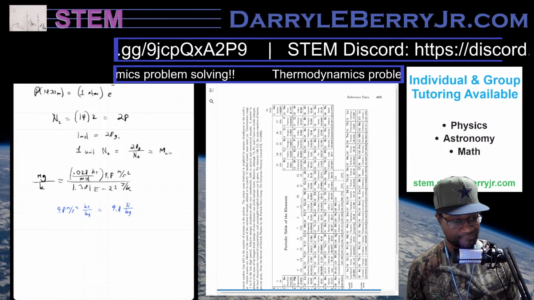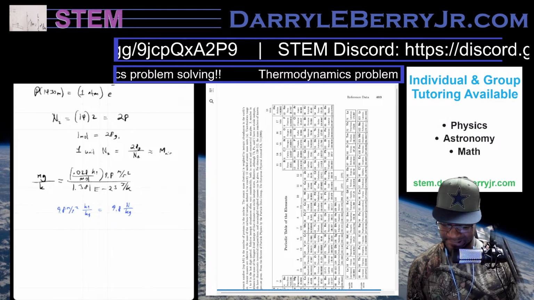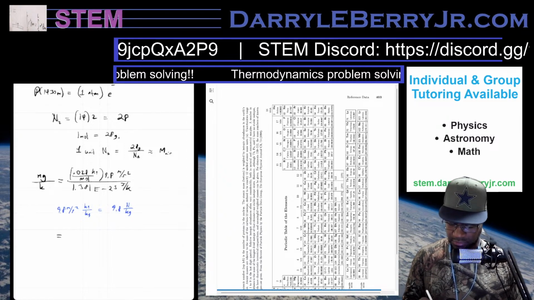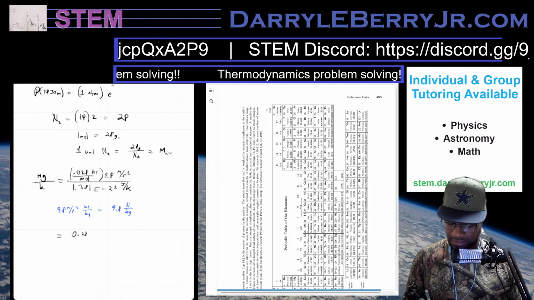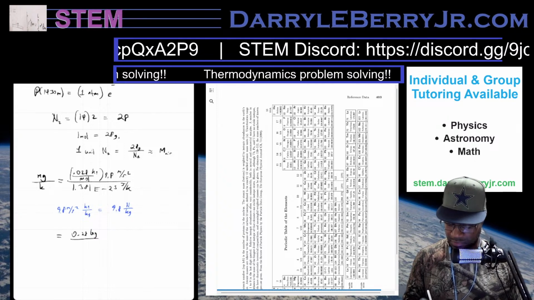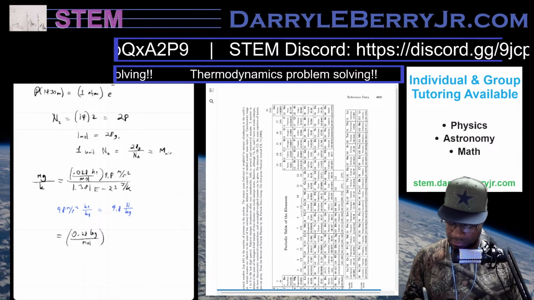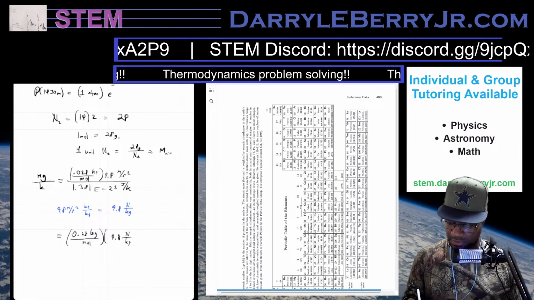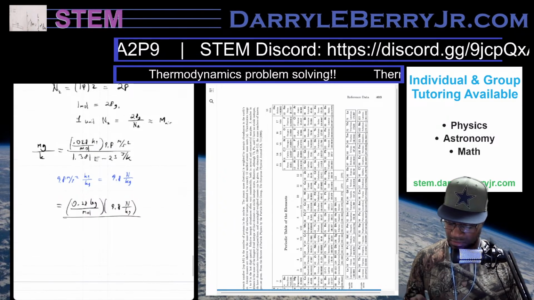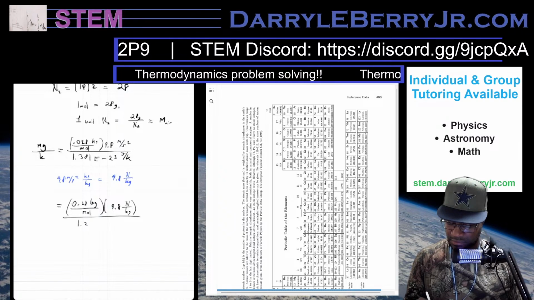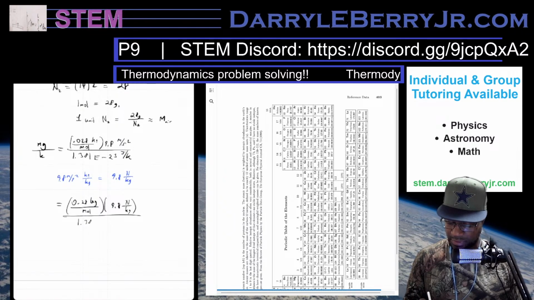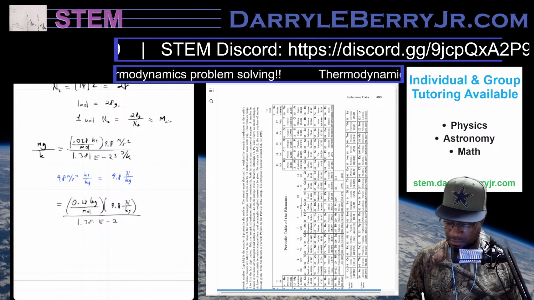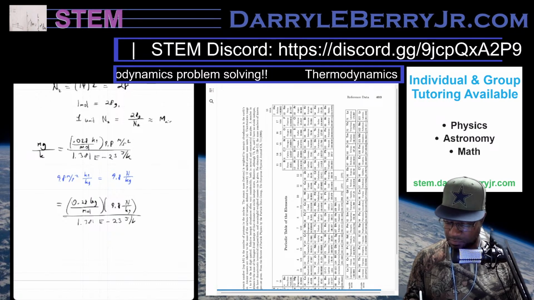That's what they did there. Equals 0.28 kilograms per mole times 9.8 newtons over 1.38 times 10 to the negative 23 joules per K.